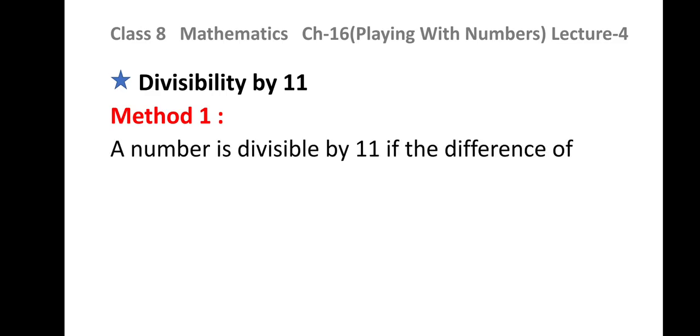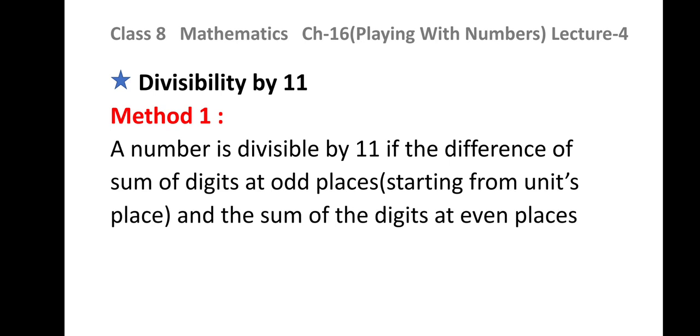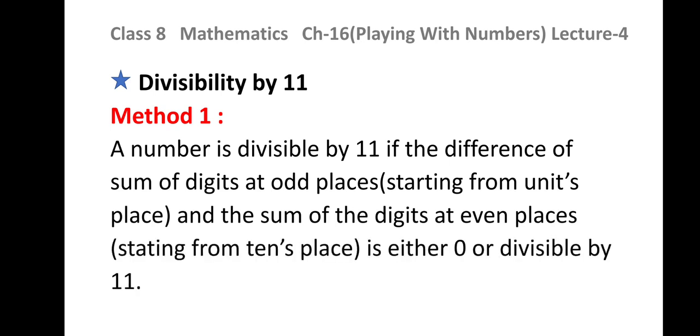A number is divisible by 11 if the difference of the sum of the digits at odd places starting from units place and the sum of the digits at even places starting from tens place is either 0 or divisible by 11. This method I think you must have learnt in your previous class also. I am repeating this rule.